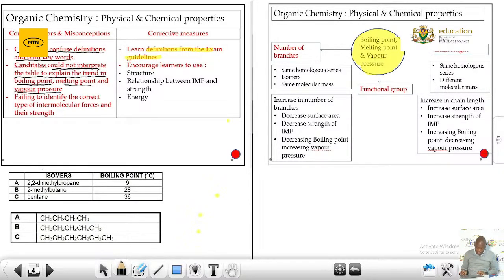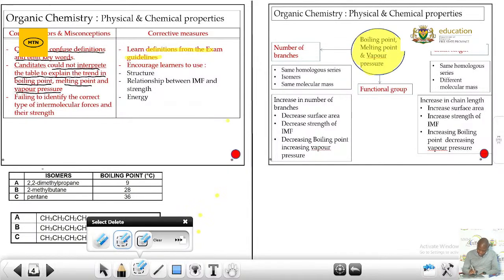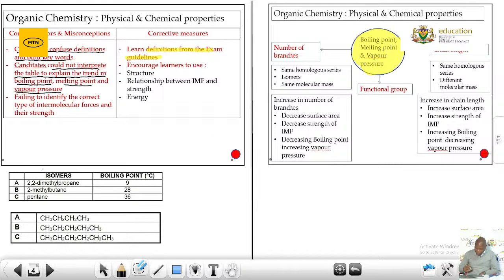So the key thing here is we fail now to interpret the tables that are given. We fail to understand exactly what it is that the examiner is assessing. We fail to understand how to go about answering this particular section of physical and chemical properties.